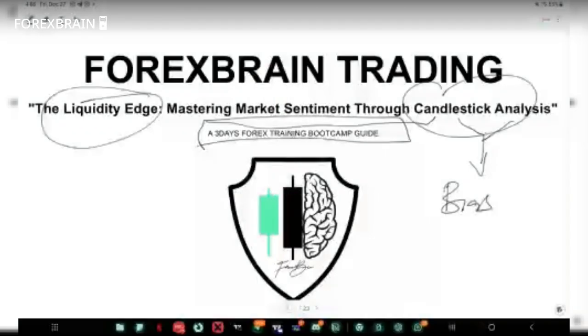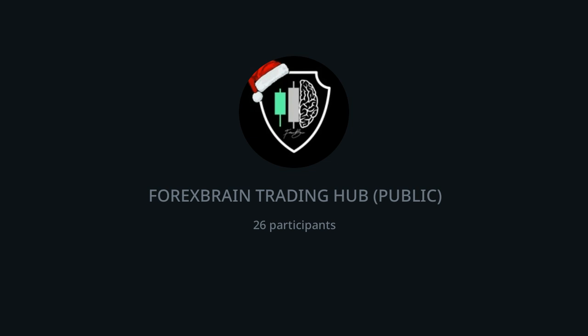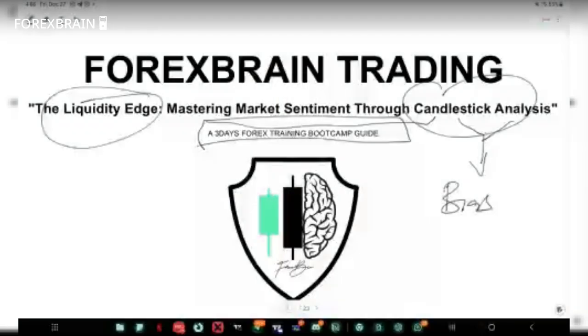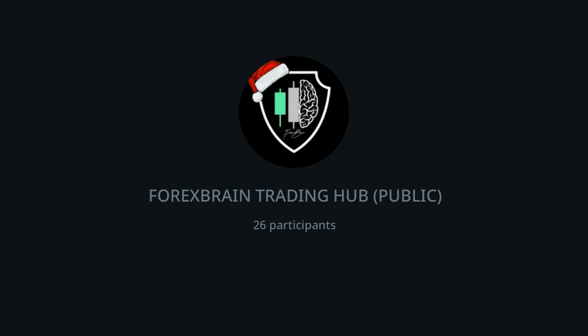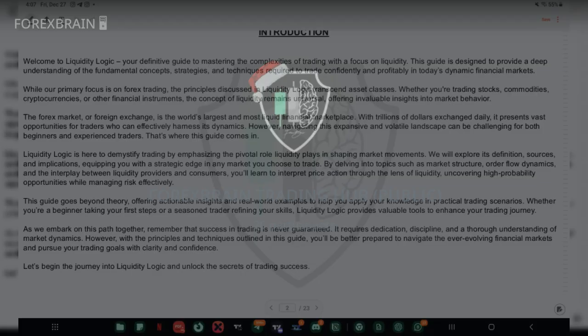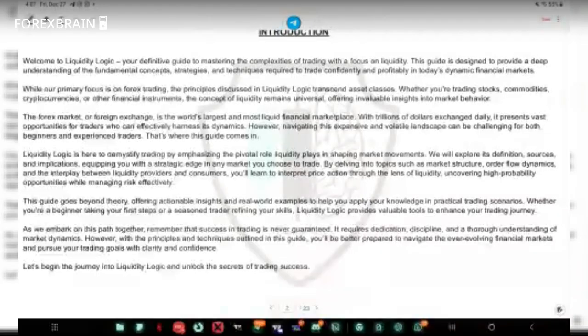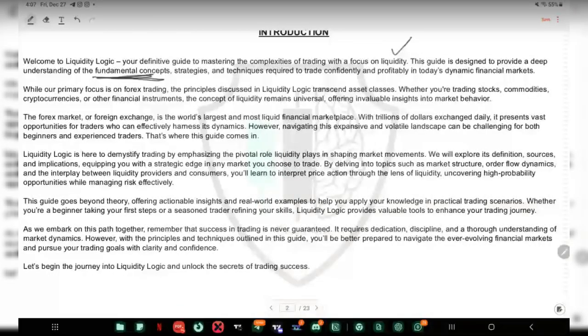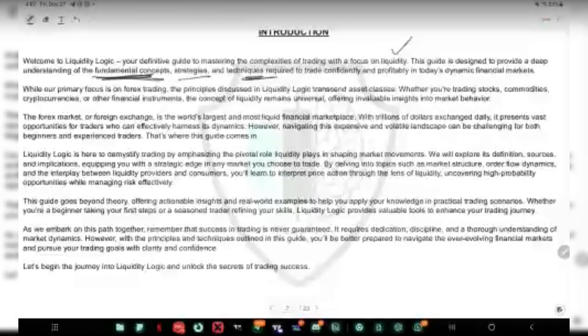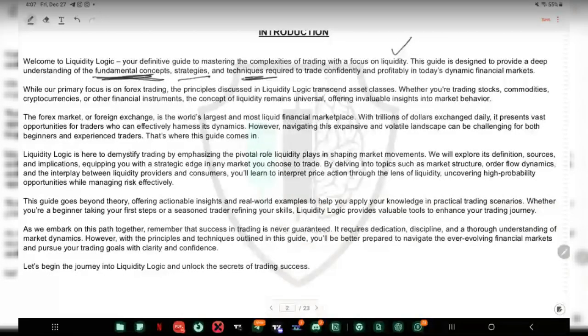So the introduction to this is that you guys are welcome to the liquidity logic. Here we define the guide to mastering the complexity of trading with a focus on liquidity, which is the most important thing. This guide is designed to provide you a deep understanding of the fundamental concepts, strategies and techniques required to trade confidently and profitably in today's dynamic financial market. The market is very, very dynamic.